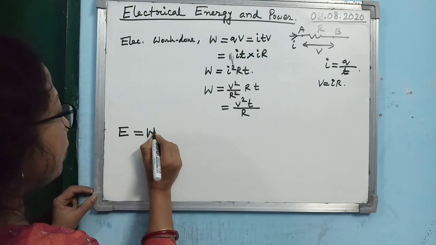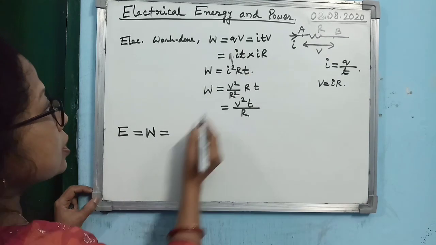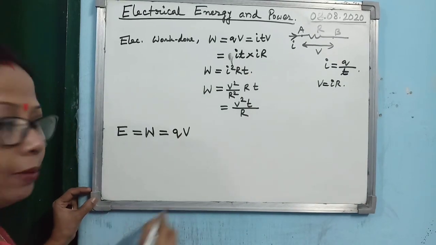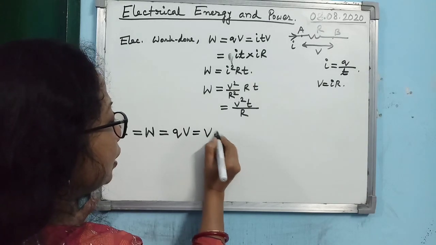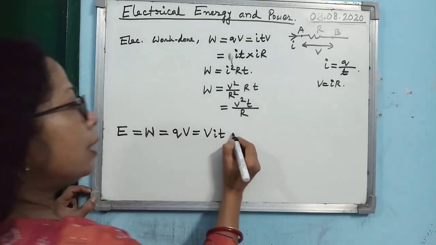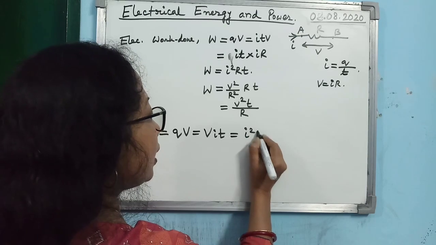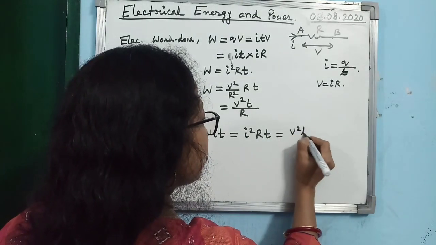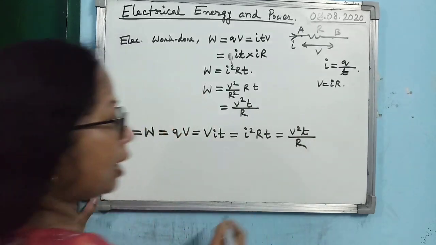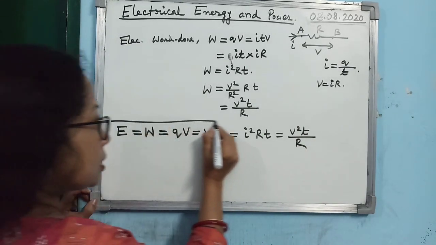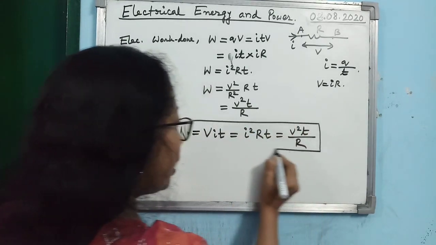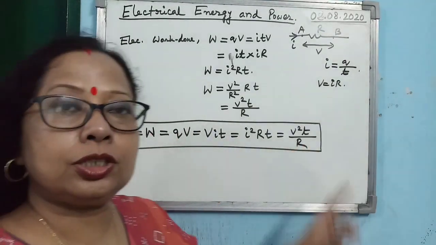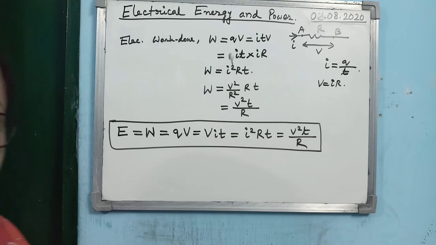So if I combine all the relations together, you can write first QV, or VIT, or I square RT, or V square T by R. So you are supposed to learn and remember all these relations for electrical energy or electrical work done.